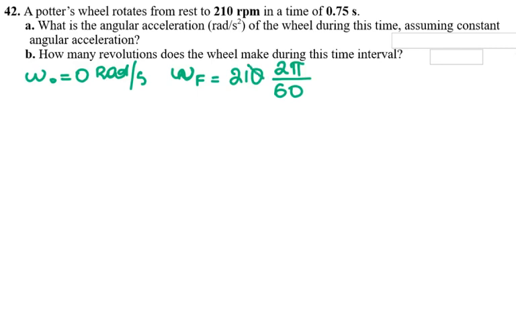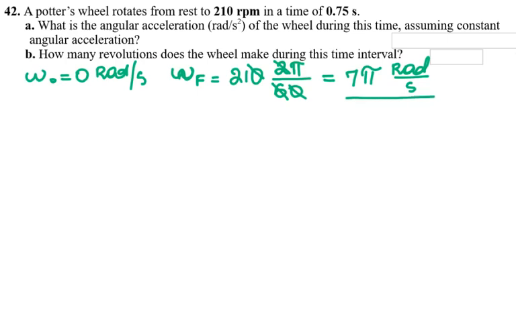So I can cancel 10 and 10, and I can divide by 2 and by 2. What's left in the denominator is 3 right now. So that gives me 7 pi, because 21 divided by 3 is going to be 7 pi radians per second.